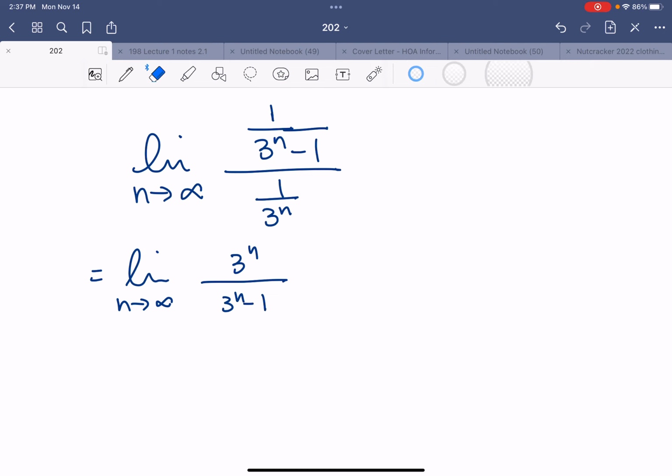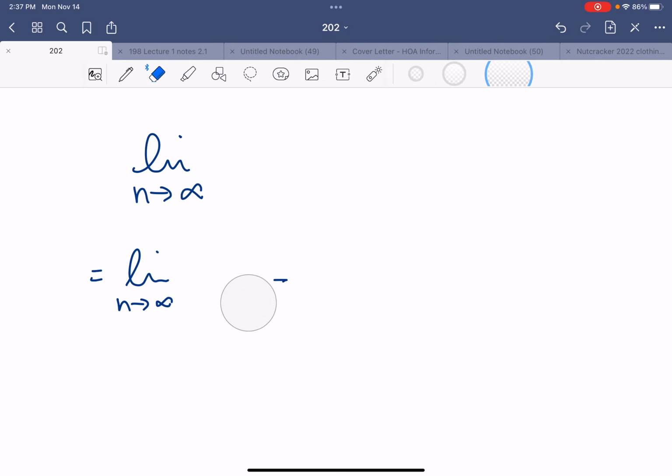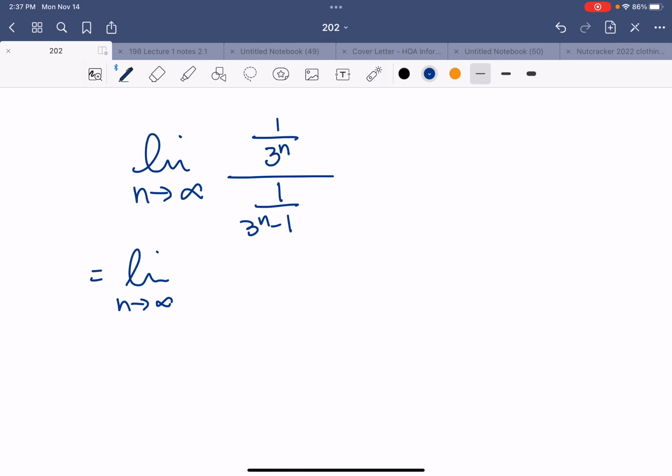Yeah, let's do it the other way. It's just easier to see if we do it the other way. So sometimes if you can't see it or do the algebra, flip it over. So 1 over 3 to the n over 1 over 3 to the n minus 1. And if you flip these over, that's 1 over 3 to the n times 3 to the n minus 1 over 1. And that's the limit as n goes to infinity of 3 to the n minus 1 over 3 to the n.